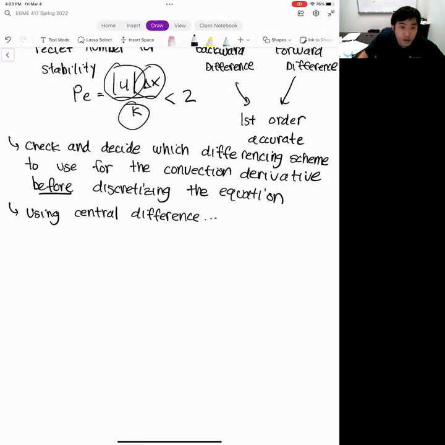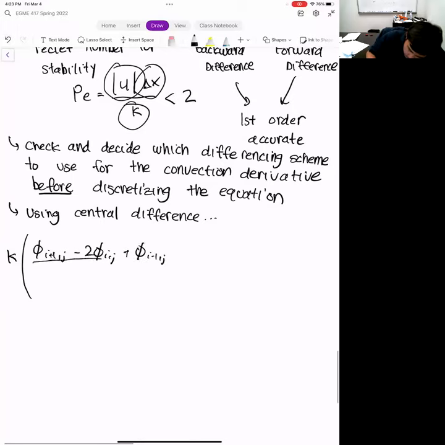All right, so let me go ahead and pull up the equation again. Okay, and so I'm going to replace all the derivatives here with their appropriate finite difference approximation. So let's start with the diffusion derivatives. And so we have phi i plus 1 comma j minus 2 phi i comma j plus phi i minus 1 comma j, all divided by delta squared, where again, we're assuming the grid spacing is uniform.